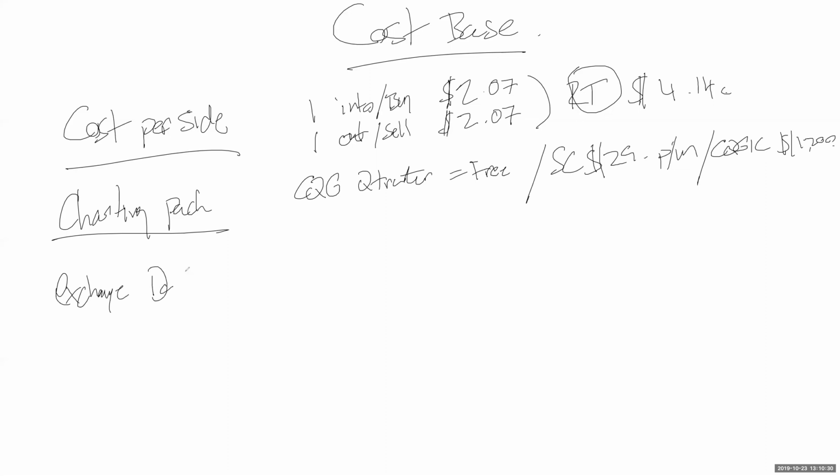for exchange data. Now you can pay for a specific pack from Sierra Chart, or you could pay for one from your broker, which would be, say, a CQG data feed. So CQG don't only do the charting software, they also do data feeds. Or you could have a Rithmic data feed.